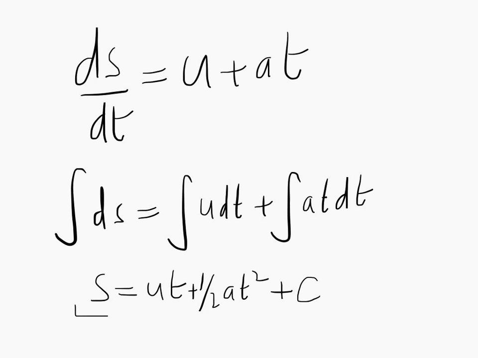So already we have something here that looks very much like what we want. In fact, it's exactly what we want, but we have this constant of integration that we need to deal with. So we have s equals ut plus a half at squared plus c, and we deal with it if we consider the initial conditions.